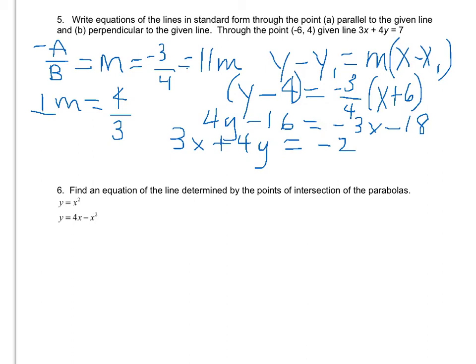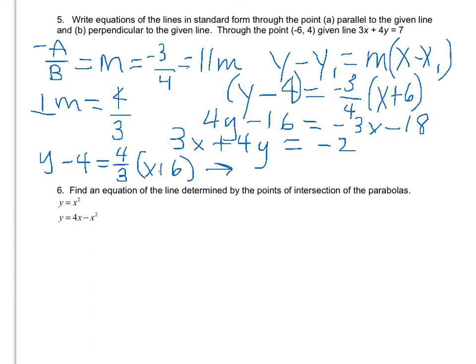Same idea for the perpendicular one. You should get, same thing, y minus 4 equals, use your perpendicular slope, which is 4/3 times x plus 6.